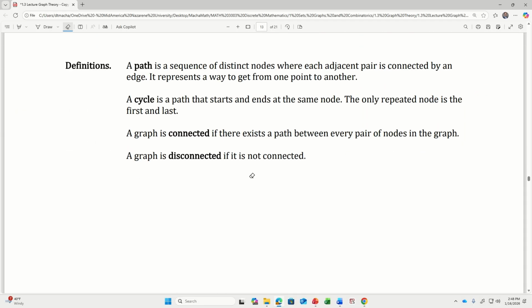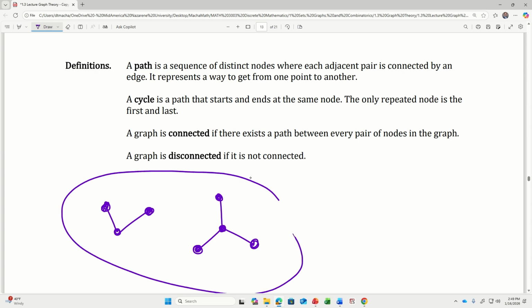A graph is connected if there exists a path between every pair of nodes in the graph. A graph is disconnected if it's not connected. And I feel like it's kind of silly, but this altogether would be considered a disconnected graph.